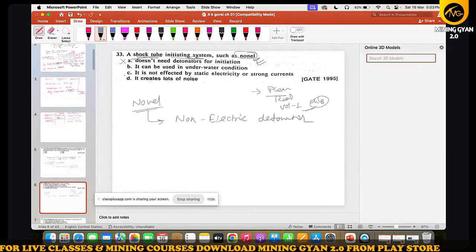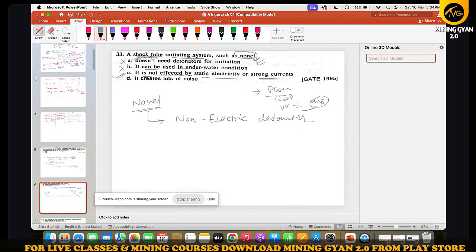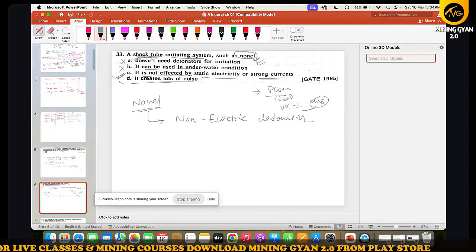Nahin, we need a detonator. It can be used in the underwater. No, it is not affecting with the static electricity and strong currents. True, it is not affected. Noise नहीं होता है. नहीं होता है नोनल से.